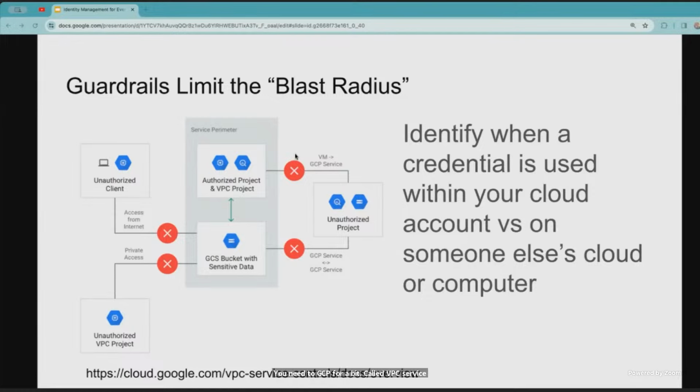And what this does is it actually gives you, as a user of the cloud, and I don't think that there's a ton of awareness for this, the ability to say, if this credential is not being used inside of the network that I defined in my cloud, the credential is no longer valid. And so that's actually incredibly powerful, because it means that if an attacker does get a credential from a system, they would have to use it inside of the same VPC or broad network space that that credential was issued in.